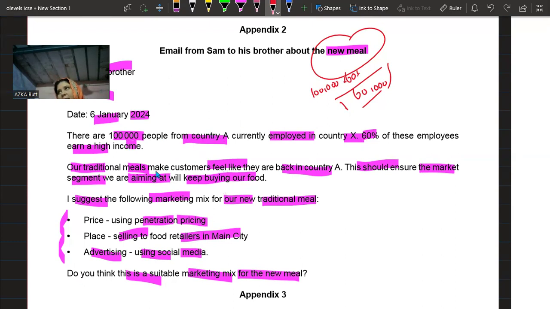But the second thing we can say is that if their income is high, it doesn't mean that we can charge higher prices to them, because they have shifted to country X from country A. It means that they have to maybe send money back to their families. So maybe they don't have enough money to get an expensive meal for themselves. So that is also a reason that we cannot select that meal which may be very costly price wise. So we can use this information also.